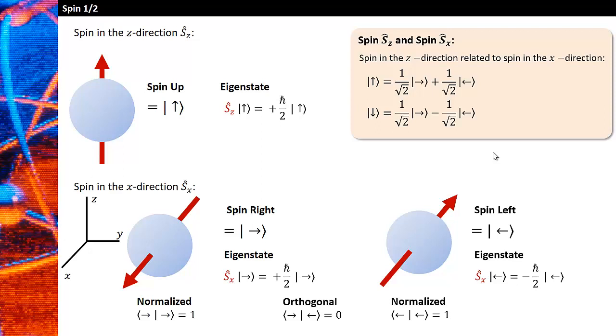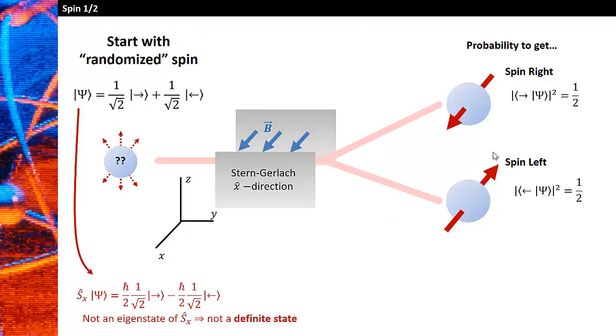The way we actually determine this is we do Stern-Gerlach experiments where we take a spin up state and then send it through a Stern-Gerlach experiment that allows us to see how much spin right and spin left is within that. And in fact, let's take a look at that. Let's take a look at a Stern-Gerlach experiment that's oriented not in the z direction, but in the x direction.